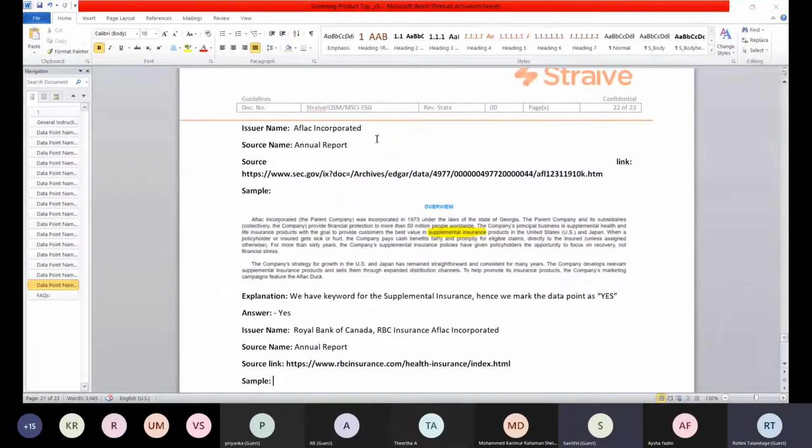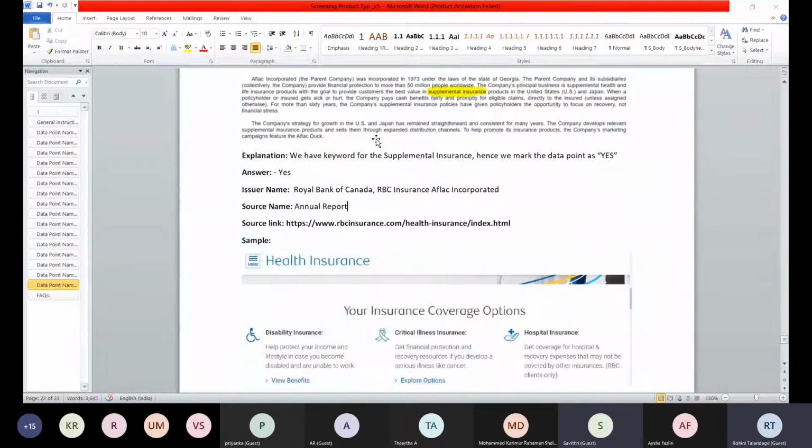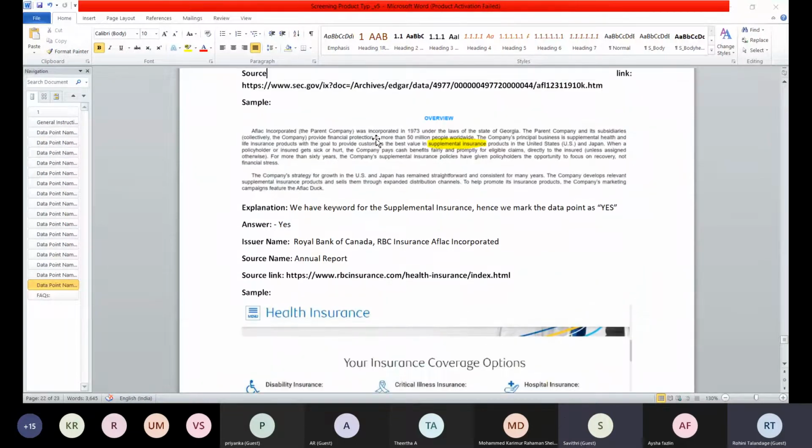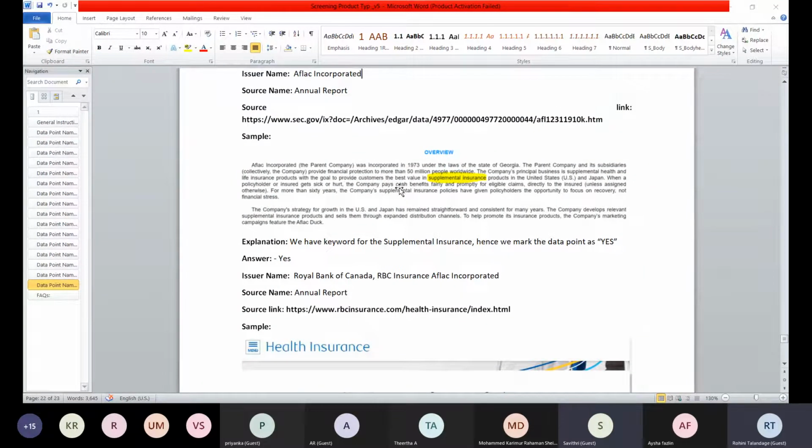For this, we have a snap here. You can see the company's principal business is supplemental health and life insurance products, with the goal to provide customers with the best value in supplemental insurance products in the United States and Japan.